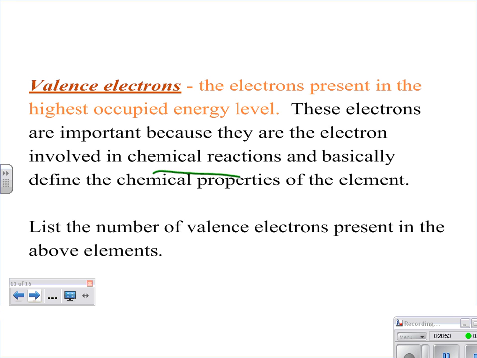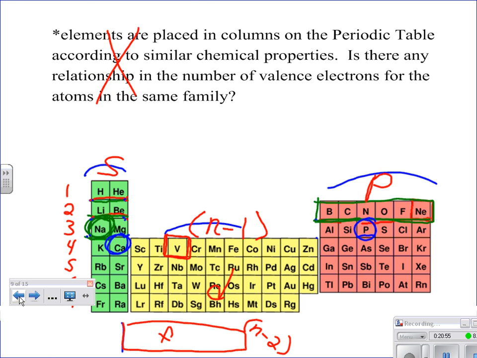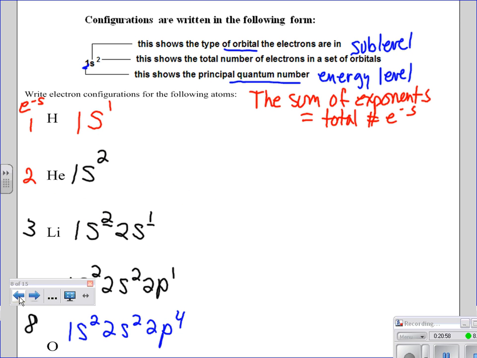So if we were to go back now to all of this stuff, maybe the easiest thing is just write yourself a note: valence electrons, and we could go down and list those really quickly. Hydrogen, how many valence electrons? 1. Helium. Lithium. Nope.